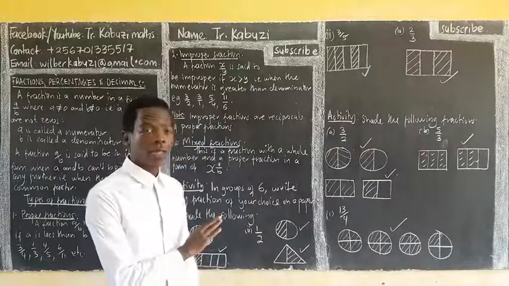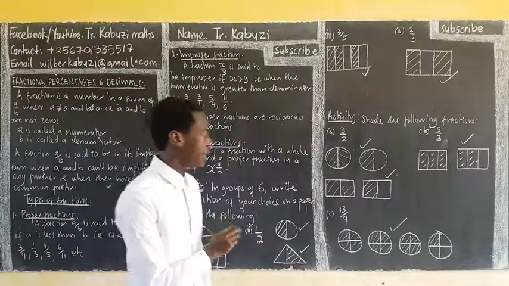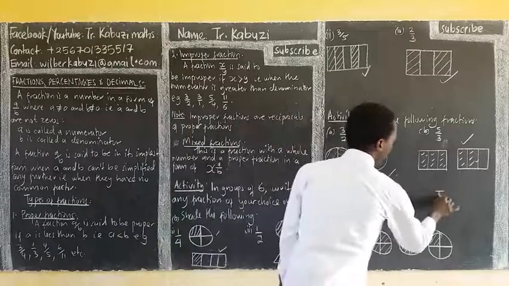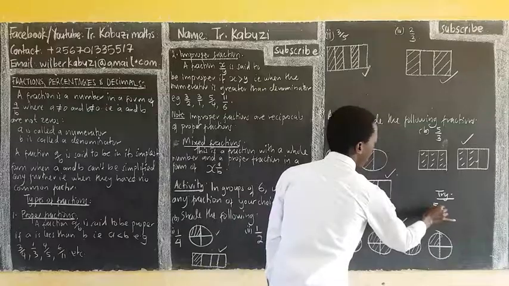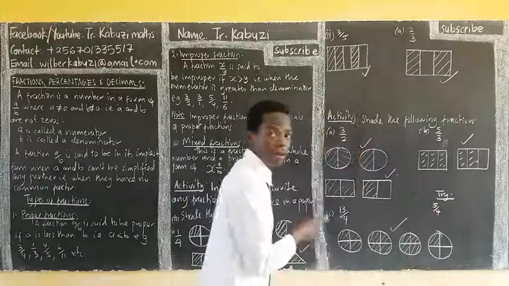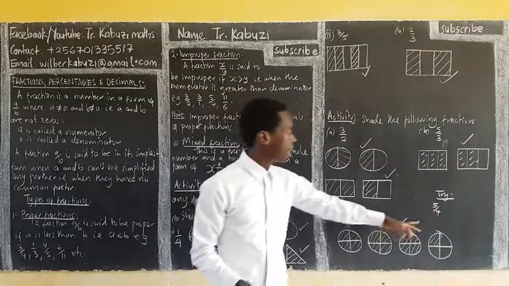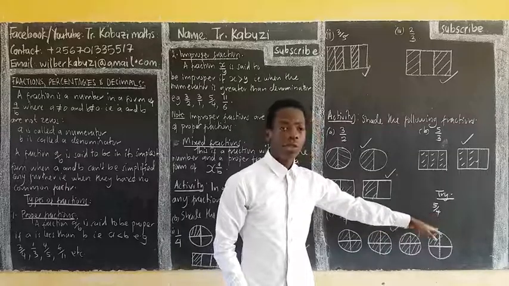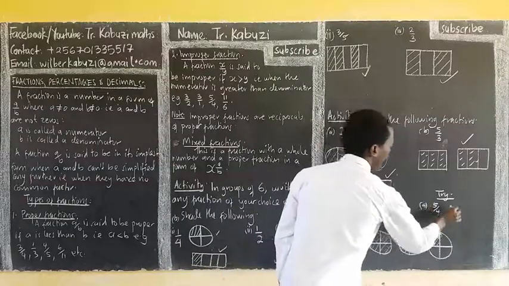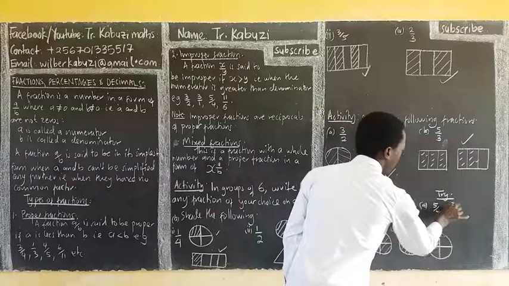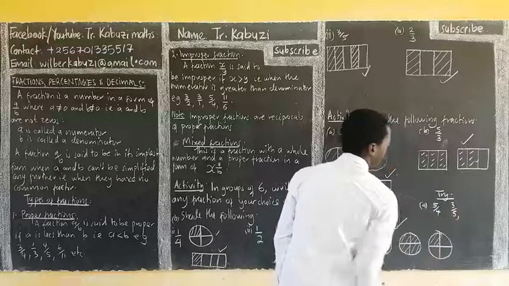You make your own notes now, and then you try out these 2. Now I want you to shade for me 5/4. You try that. This one will tell you how many circles you need. This is part A. Then you try for me 3/5.